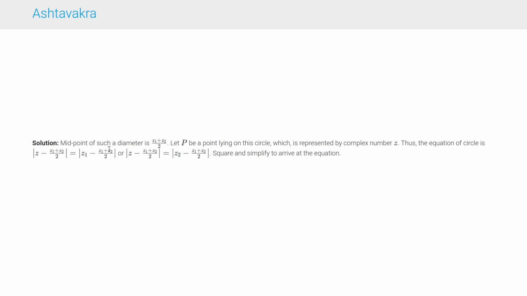Note that this midpoint is the center of the circle and this is on the perimeter. The two endpoints are Z1 and Z2 and Z is on the circle. So we have got two equations. We simplify and we have our desired equation.